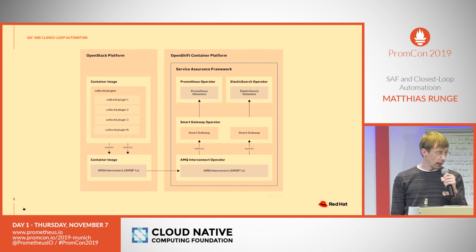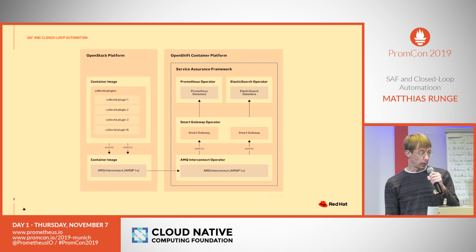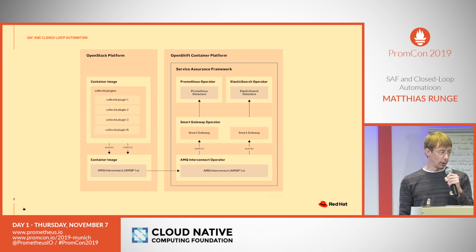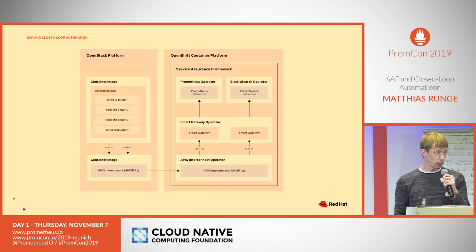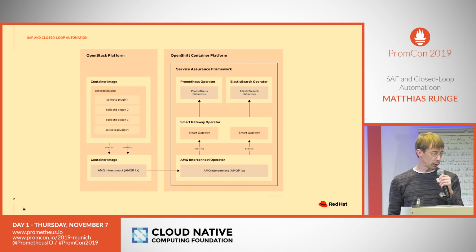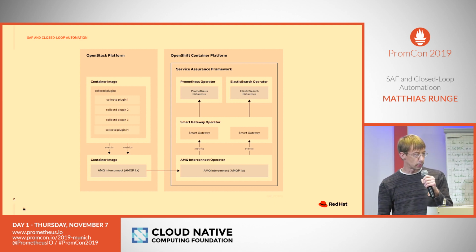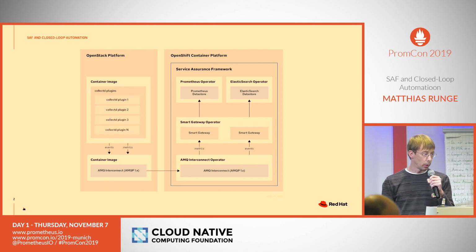And also a component we are calling the Smart Gateway. It's an awesome name. It provides both metrics and also logs or events to an endpoint. In this case, we are using the endpoint for metrics to send the data to Prometheus.